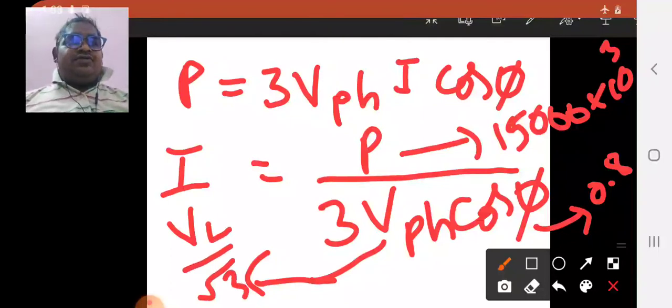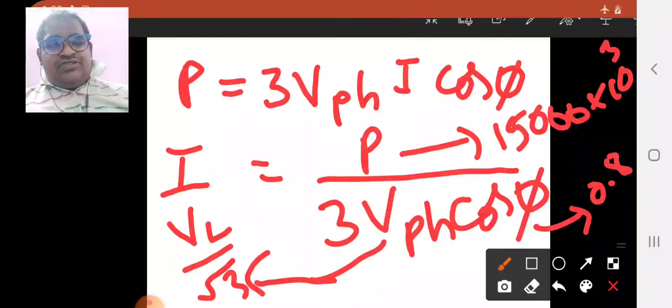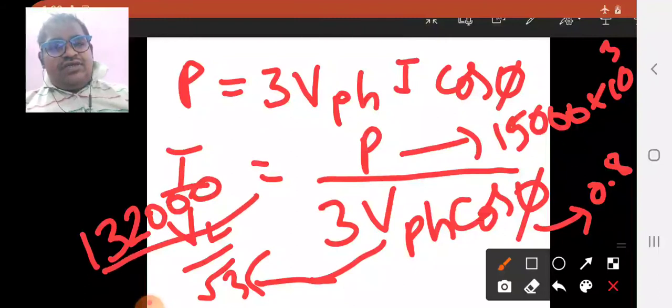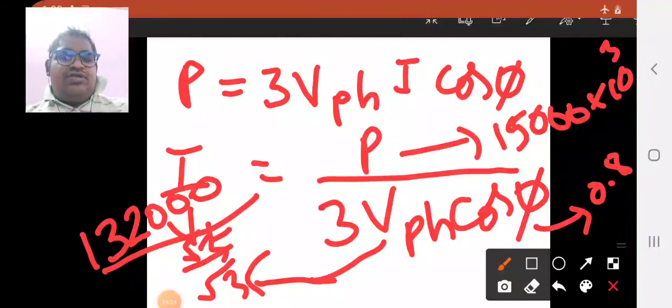VL is the voltage he has given, 132,000, so 132,000 by root 3. Now substitute all these values and find out the value of I.